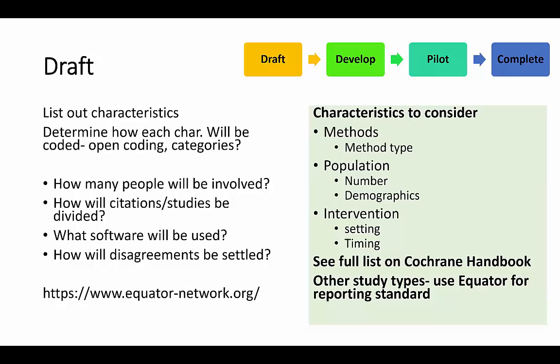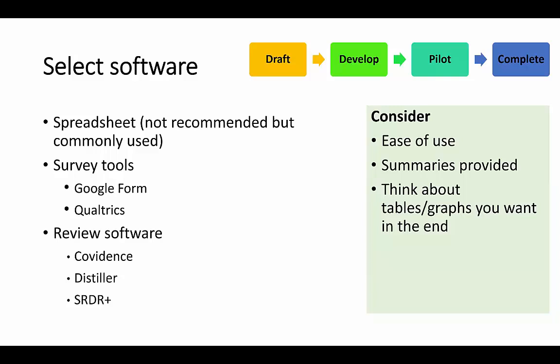Just like we have PRISMA for what should be included in a systematic review, there are other reporting standards for different study types. So that can help to get them started on what to do for that. But of course, if they are having lots of problems, like if it was a graduate student, I would refer them to go back and talk to their committee, because of course I'm not going to be expert enough on their topic to suggest other things.